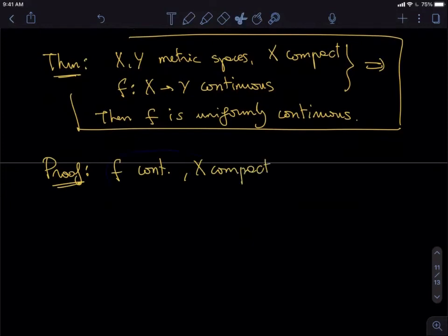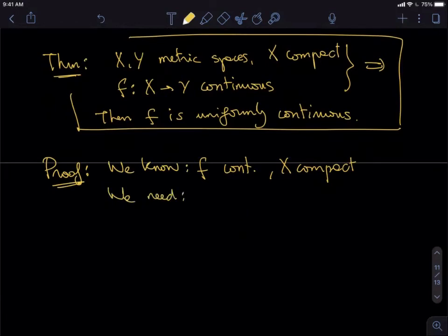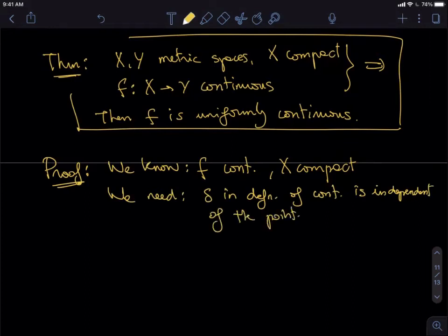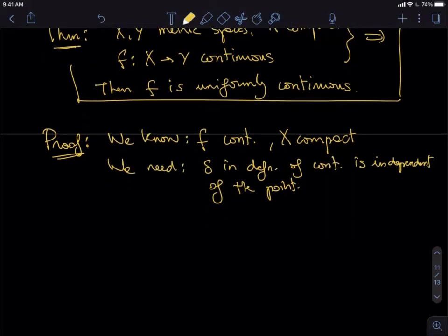So somehow what we need to show is that the delta in the definition of continuity is independent of the point. So that is what we are going to do. Okay, so first thing, because this is a continuity proof, let epsilon be given, because for every epsilon.